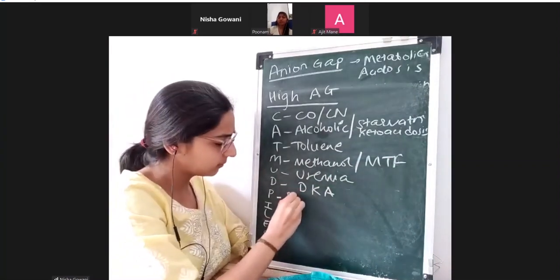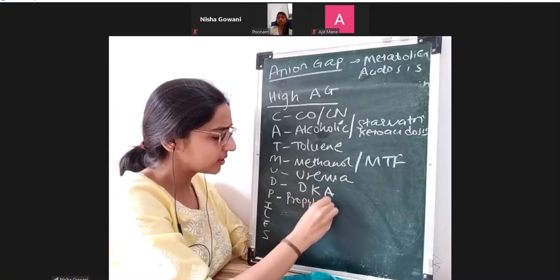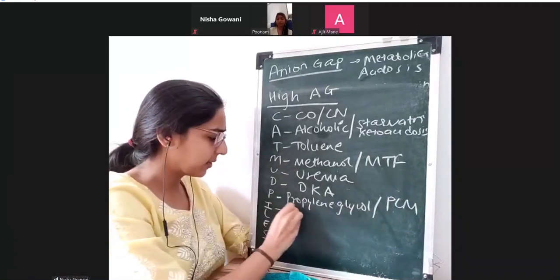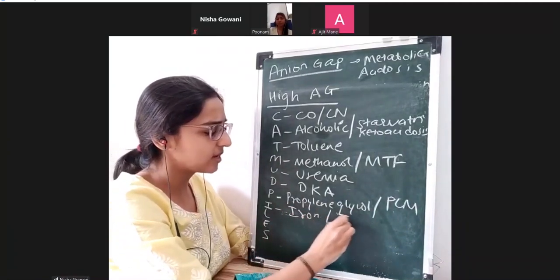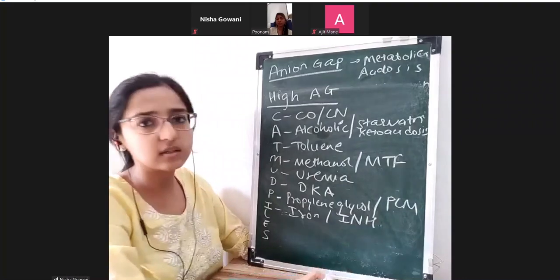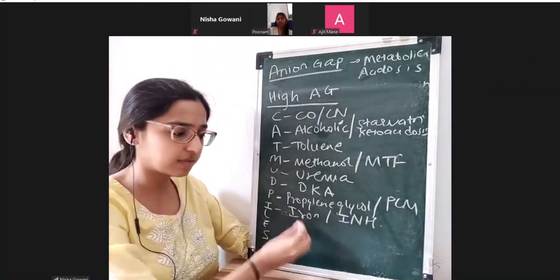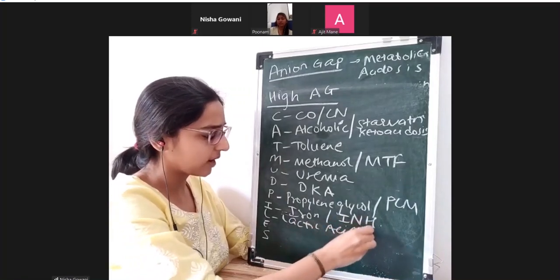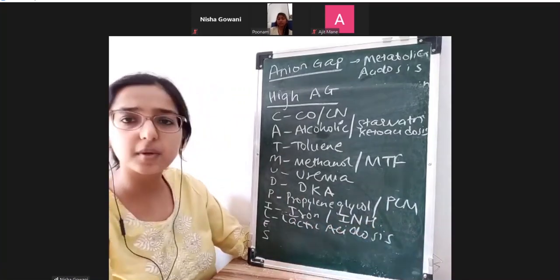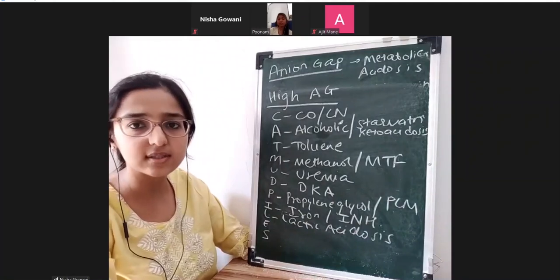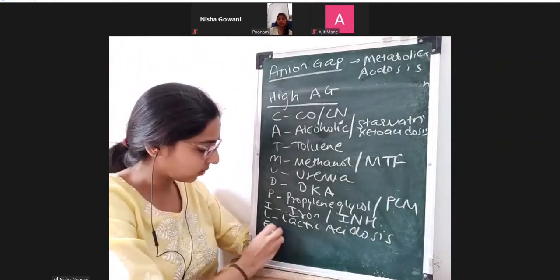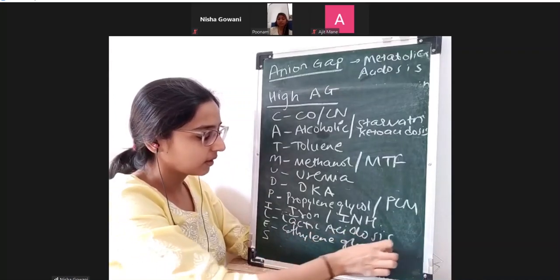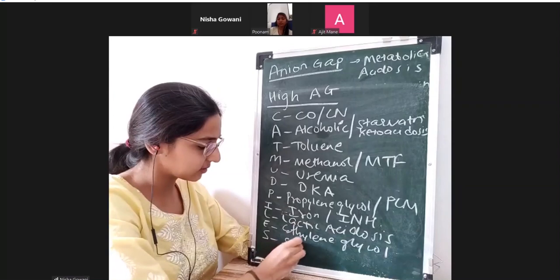P is for propylene glycol toxicity, and paracetamol overdosing. Then if the patient is having iron overload, or isoniazid overdose. If the patient is having lactic acidosis, this we all know. As peripheral perfusion is affected, the patient's lactate might increase. Then just like propylene glycol, even ethylene glycol accumulation and salicylates.